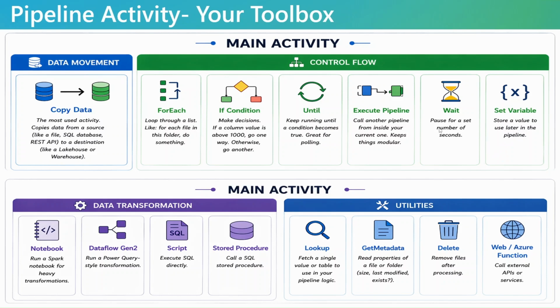Wait activity is basically for a pause for a set number of seconds if you want in the middle of the activity. And group 3 is the data transformation. So this is where you reshape or process the data itself. A notebook runs a Spark notebook for heavy data processing, and Dataflow Gen2 gives you a visual drag and drop style transformation similar to Power Query.